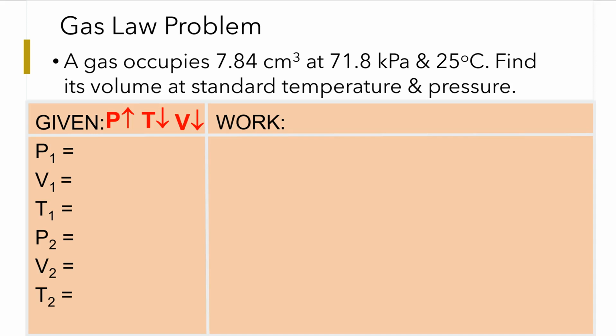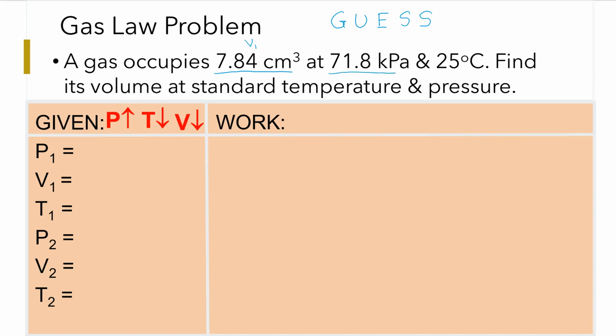So again, we're going to use the GUESS method. Our givens, we get from reading the problem. A gas occupies 7.84 centimeters cubed. A centimeter cubed tells me that this right here, y'all, is my volume, so I'm going to denote it as volume 1, at 71.8 kilopascal and 25 degrees Celsius.